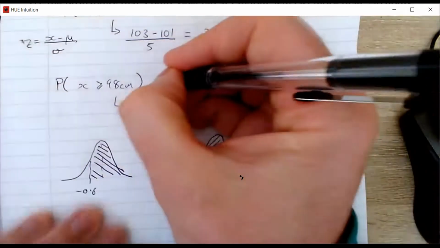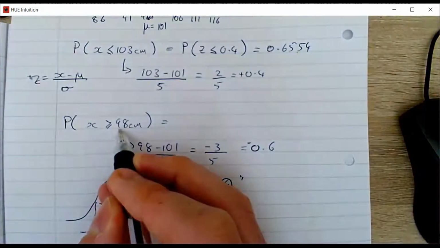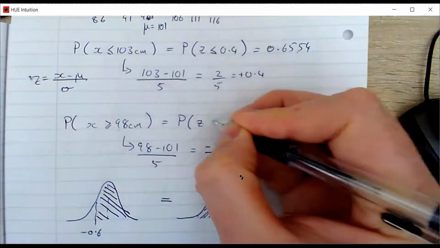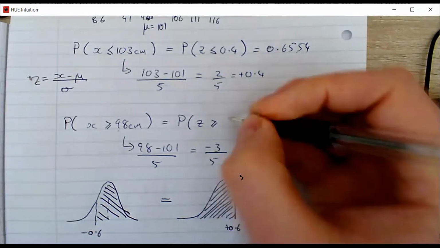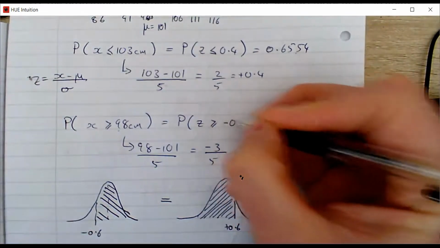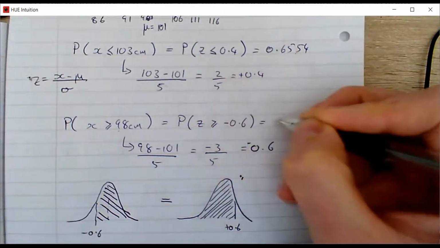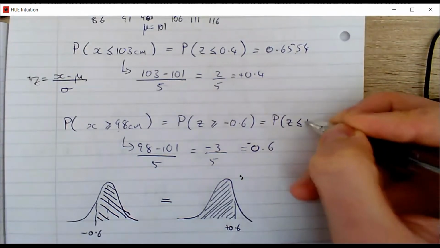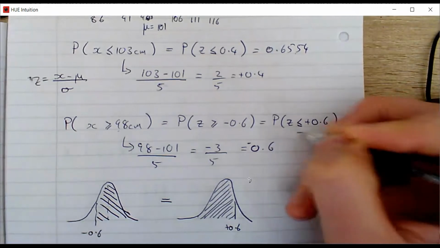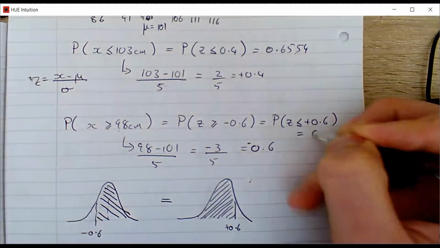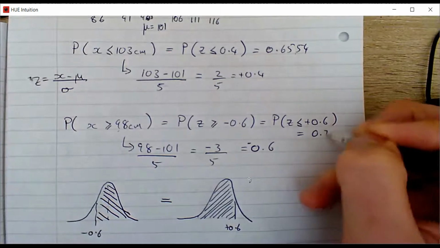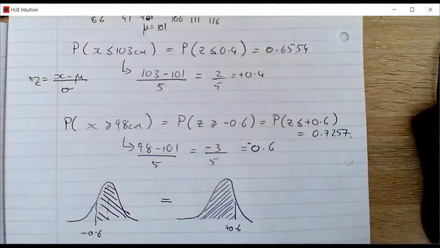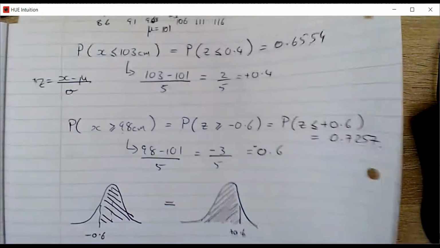Okay, so the proportion of people who have a chest measurement greater than 0.98 is the same as the proportion of z-scores in a standard distribution which will be greater than negative 0.6, which if you want, you can also say is the same as the number of z-scores which will be less than plus 0.6. But either way, your log tables told you that was 0.7257.